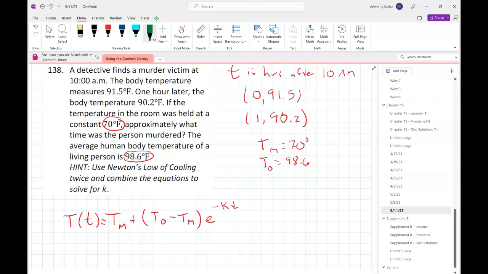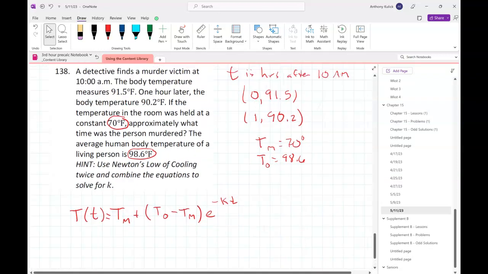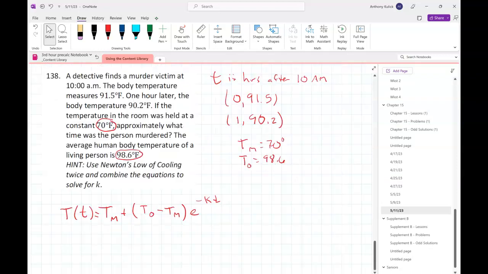Let's think about what's going to be the easiest way to do this. There's two ways I could do this. Okay. I think the first step, since I know that k is a constant, I'm going to treat this as kind of a T naught, and I'm going to treat this as T of 1.